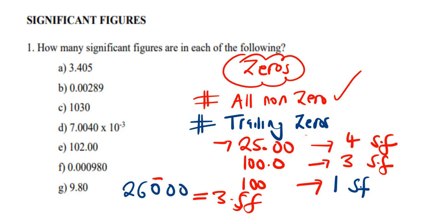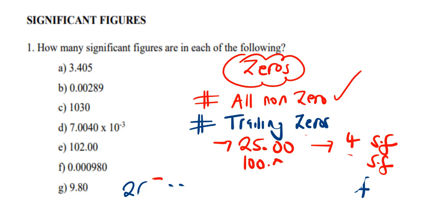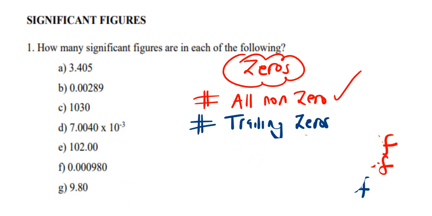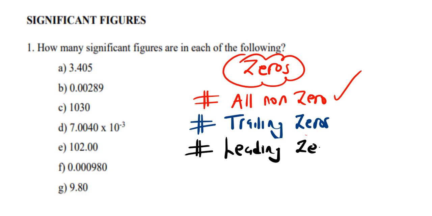Then, what about if your zeros are in front of a number? Or let me say of a non-zero digit. Leading zeros. So what about leading zeros? These zeros come before the numbers.